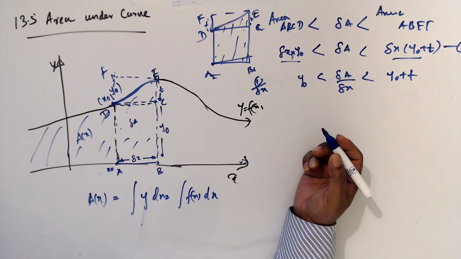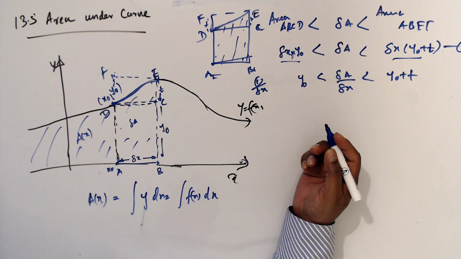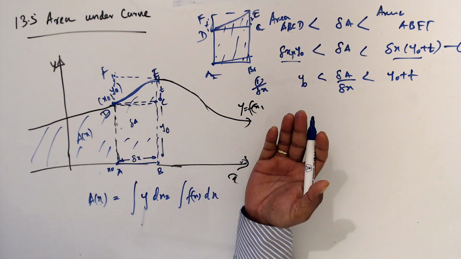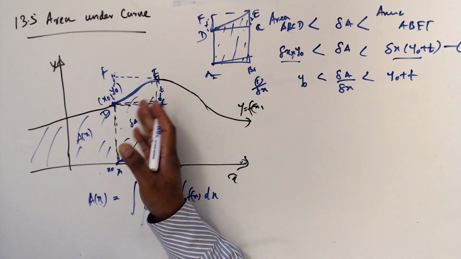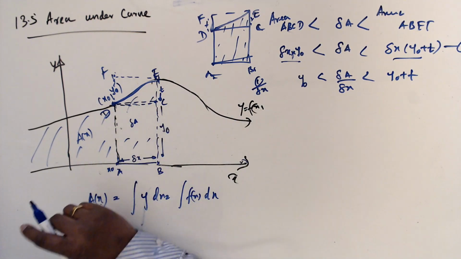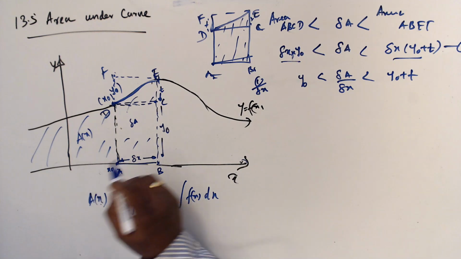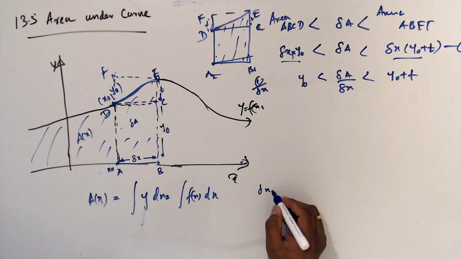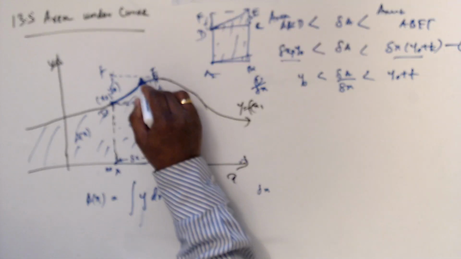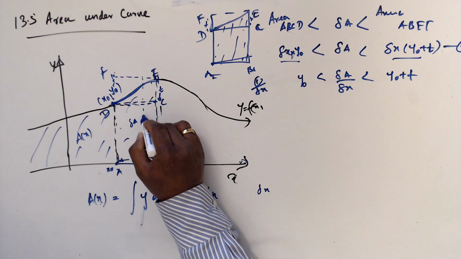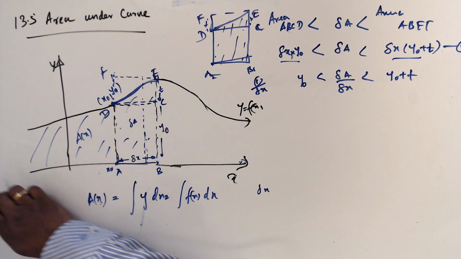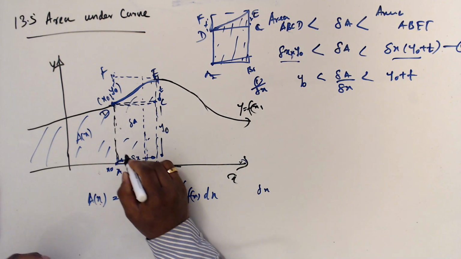Now how can I minimize this error? Rather than error, it is not accurate. How can I increase the accuracy of this one? We can do that by taking delta x smaller. I'll bring delta x up to this one. So this is the new delta x.